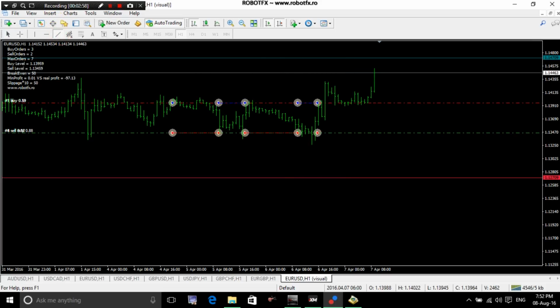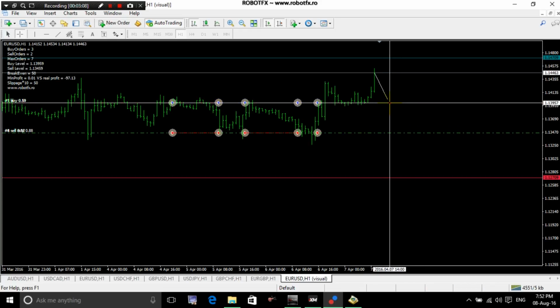There's also a chance that the price will drop again enough to hit the stop loss, so it will close these buys, but not enough to drop below this buy level, so it will place a pending buy.